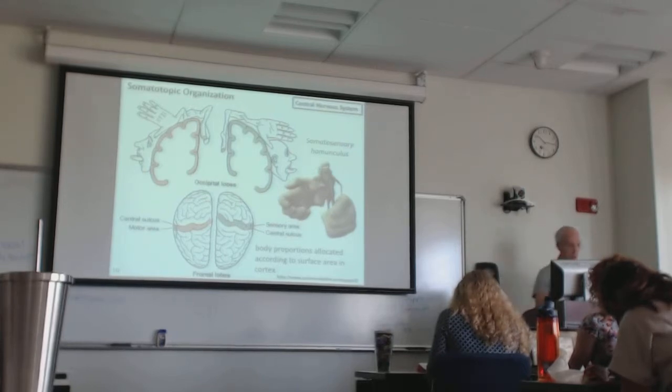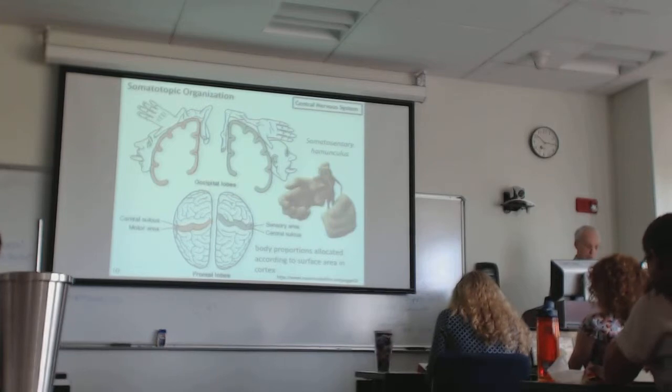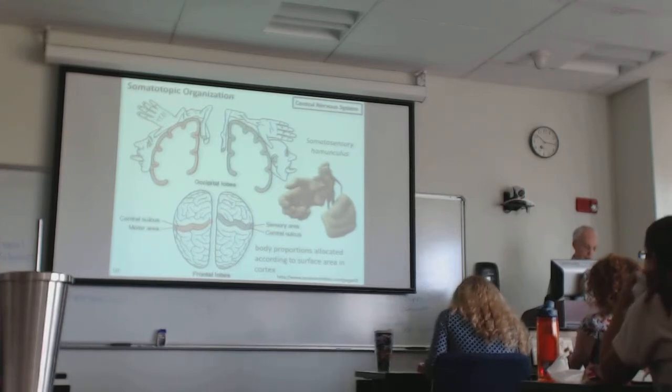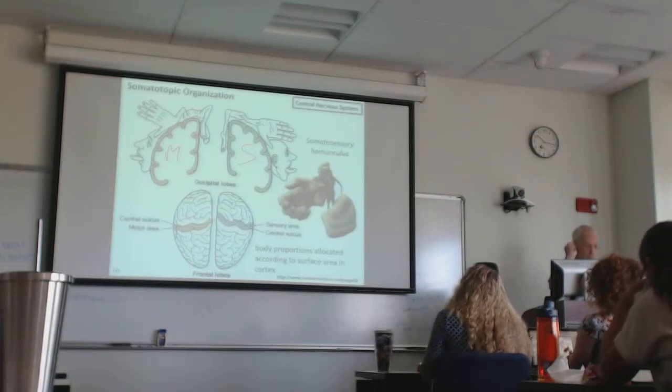So, according to our somatosensory homunculus, if on the one side we have a sensory homunculus, and on the other we have a motor homunculus, this would be the sensory here, this would be the motor, so they're very similar.